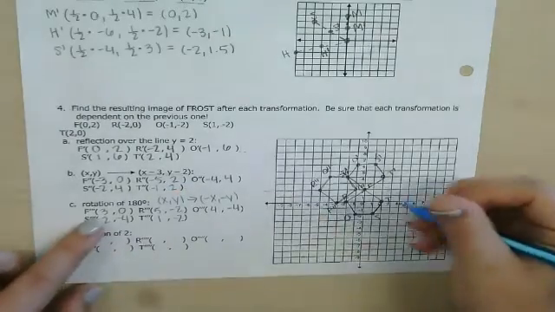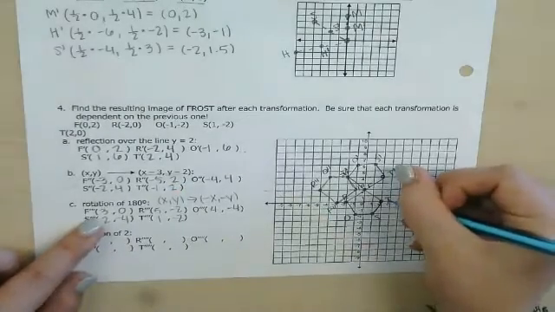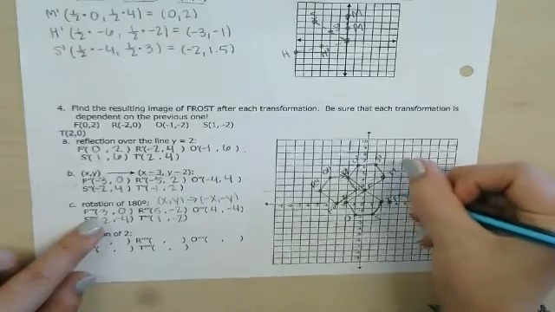So I've got a point at 3, 0 for F triple prime.